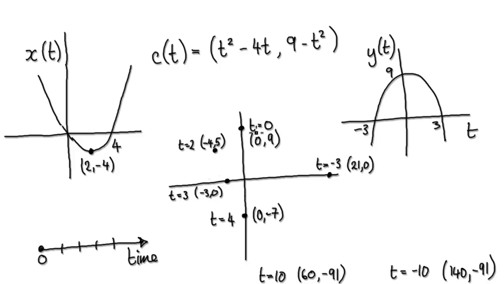So at time equals 0, your particle starts here. At time equals 2, it reaches its maximum value to the left-hand side, -4. Then it heads back towards 0 horizontally, and by the time you get to here, that will be right here at 4 seconds.